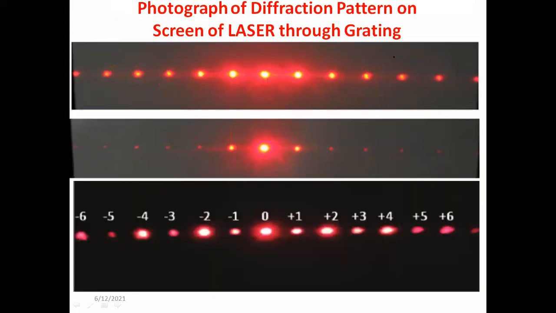Depending upon the intensity, the same pattern is shown in this diagram. For your easy understanding, if we consider this as the central maximum, n is equal to 0, then on the right hand side of the screen it would be denoted as +1, +2, +3, +4, +5, and +6, and for the left, -1, -2, -3, -4, -5, and -6.